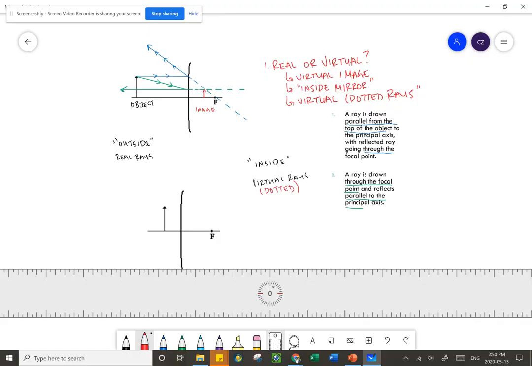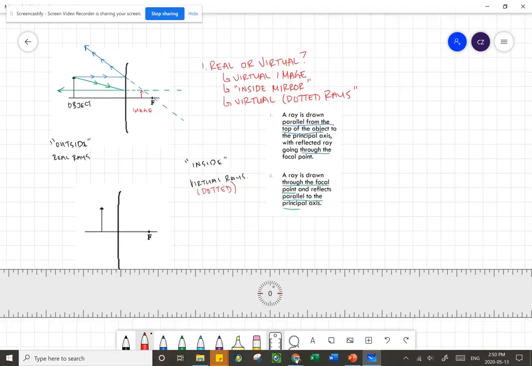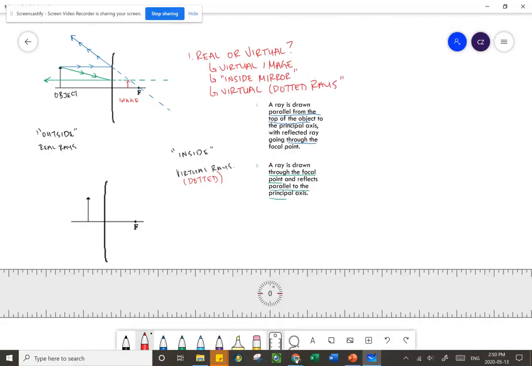Okay, the next question that you may be asked is, is it bigger or smaller? So it's asking, is the image that you created bigger or smaller than the initial object?